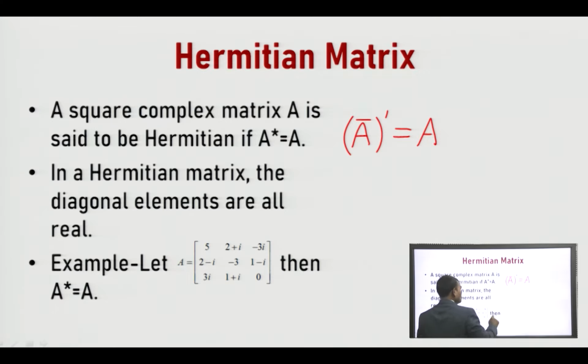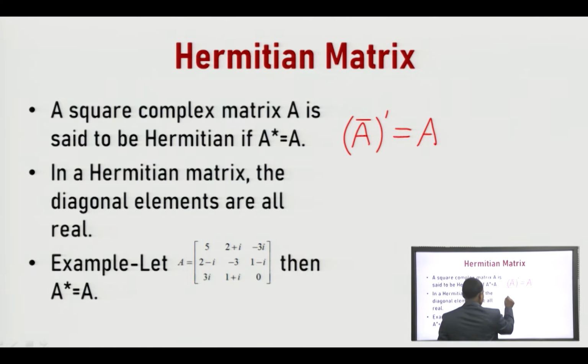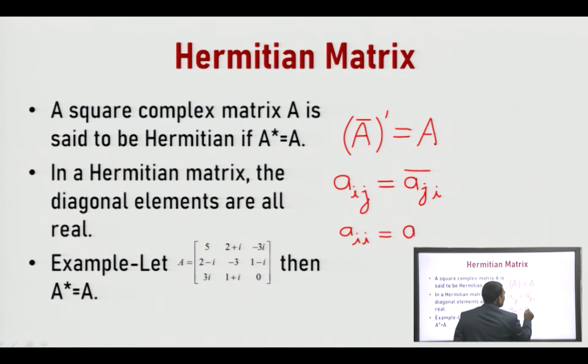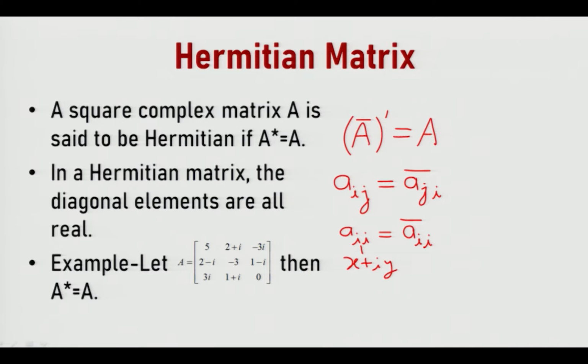Now observe here, if A is Hermitian, then Aij is equal to Aji conjugate. Now for the diagonal elements, Aii is equal to Aii conjugate. If we solve it, suppose Aii is x plus iota y, then Aii bar will be x minus iota y.